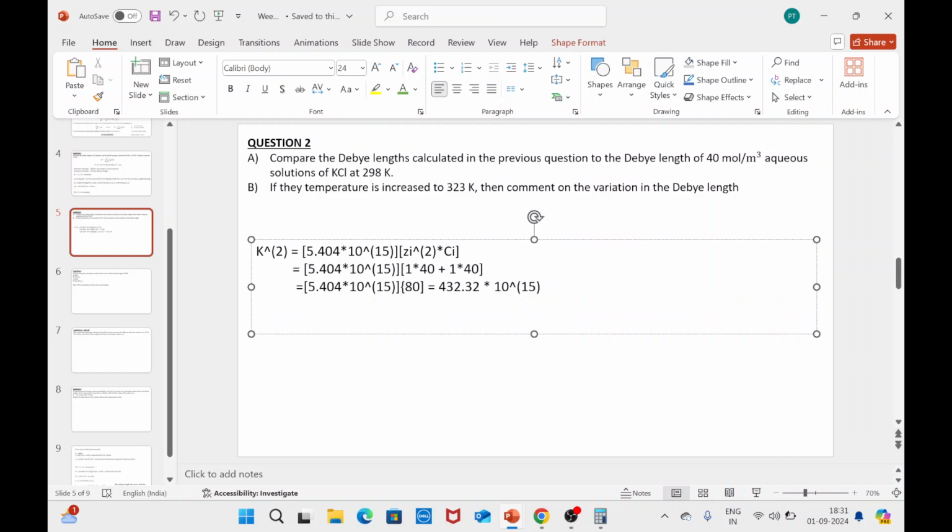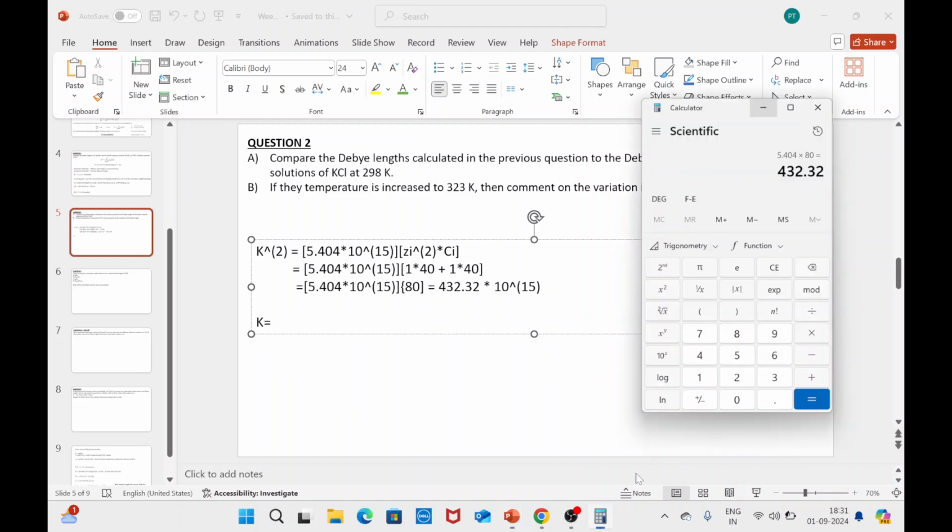Then the value of kappa will be the square root of this.